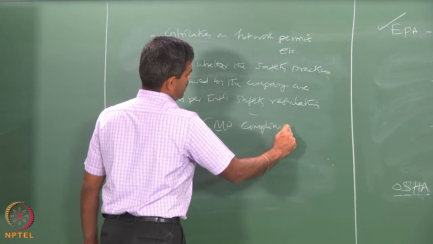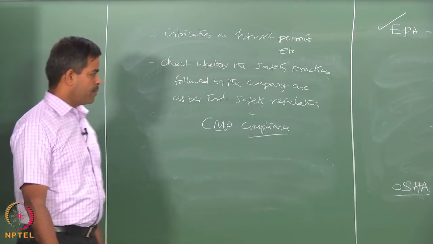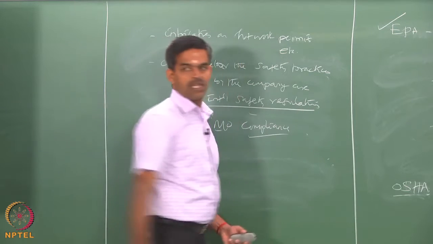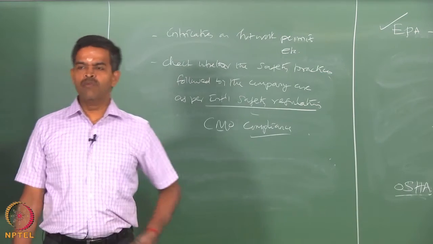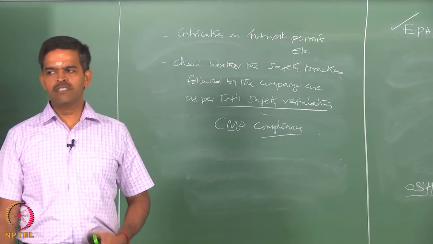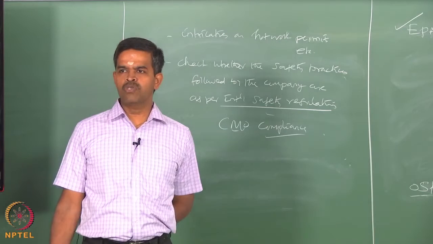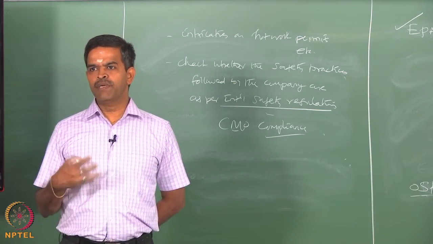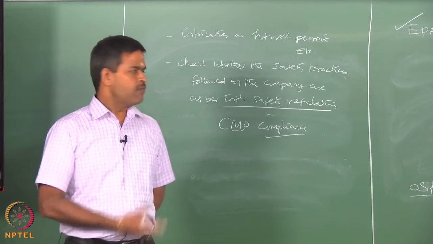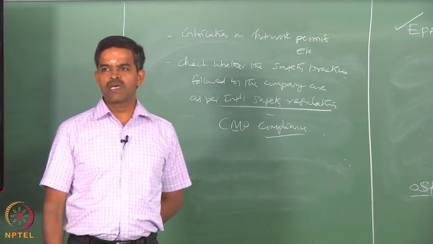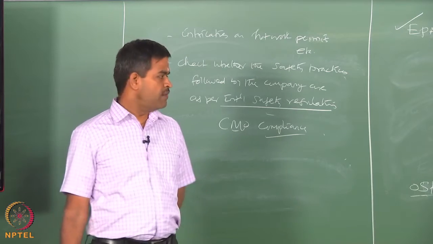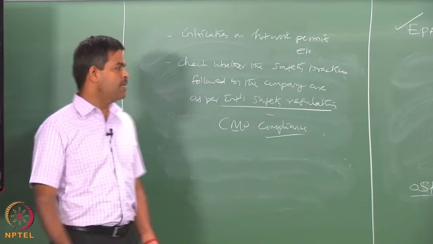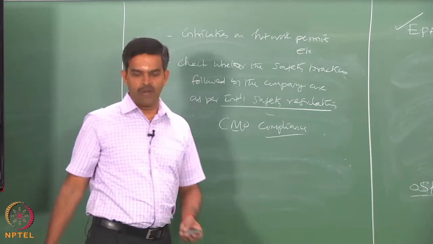It checks the compliance or follow-up of the safety practices with respect to the international safety regulations. That is very important. CMO compliance is easy to access, easy to use, and provides valuable real time reports to all the team members of HSE management. Therefore, implementing and following this particular software is very easy, and it is a very effective tool to manage HSE processes in terms of safety adaptability to international safety norms.